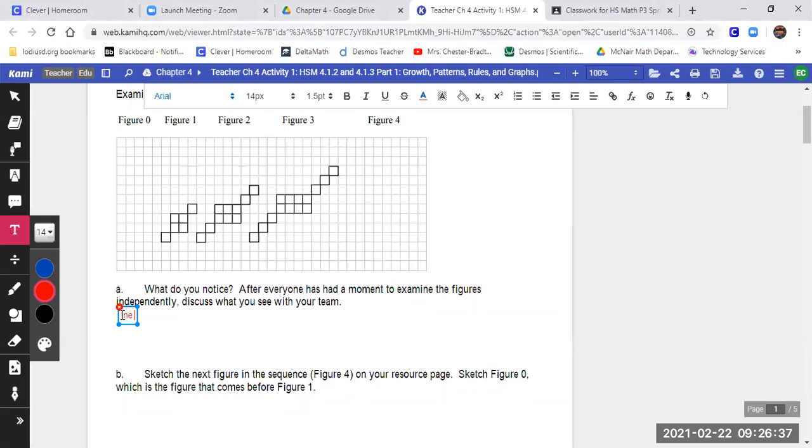Let's do this: 1 tile was added to the lower left diagonal. And 1 tile was added to the upper right diagonal, right?